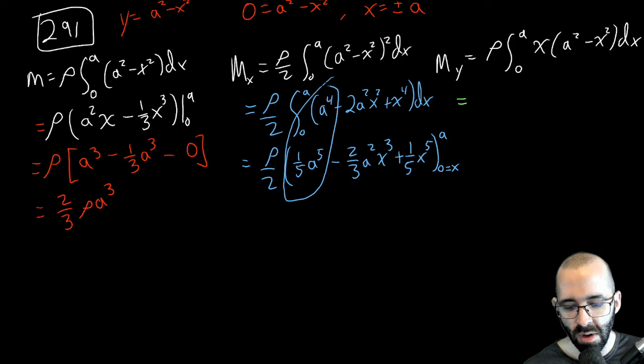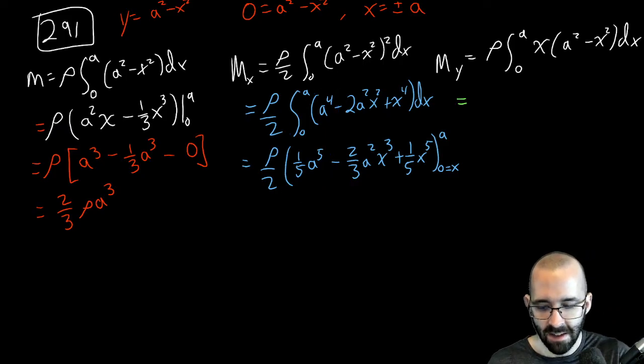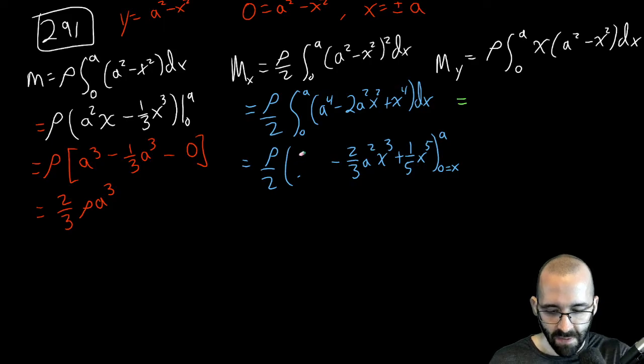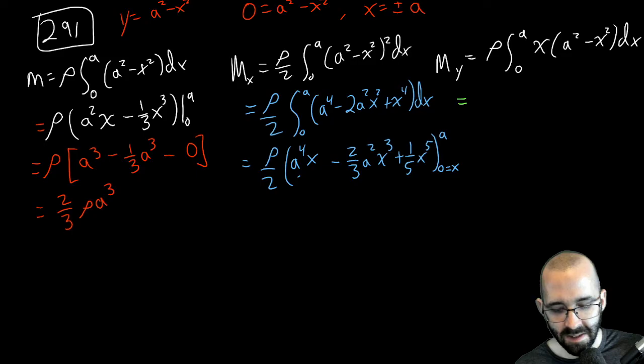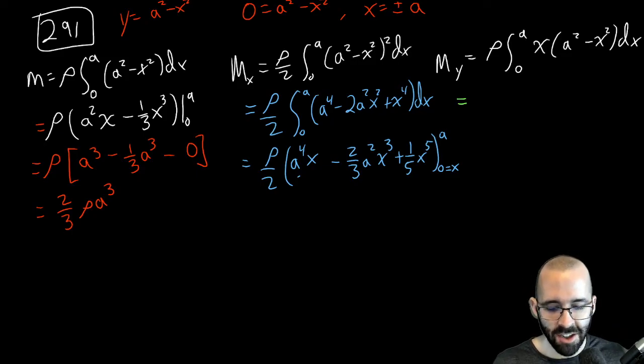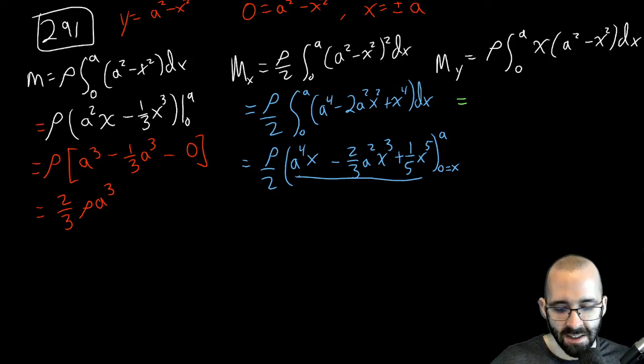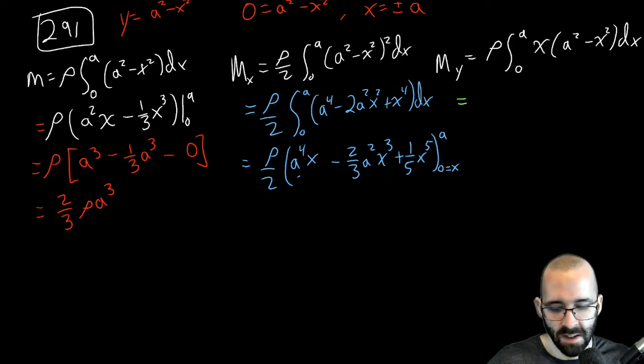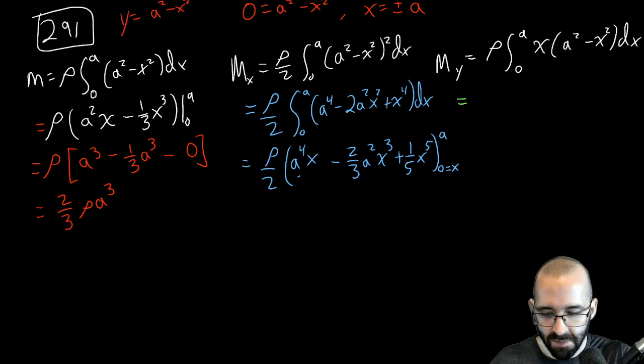We're taking the antiderivative with respect to x. So this is just a to the 4th times x. And again, you should be able to double check by taking the derivative of this with respect to x, to see if we get that integrand again.